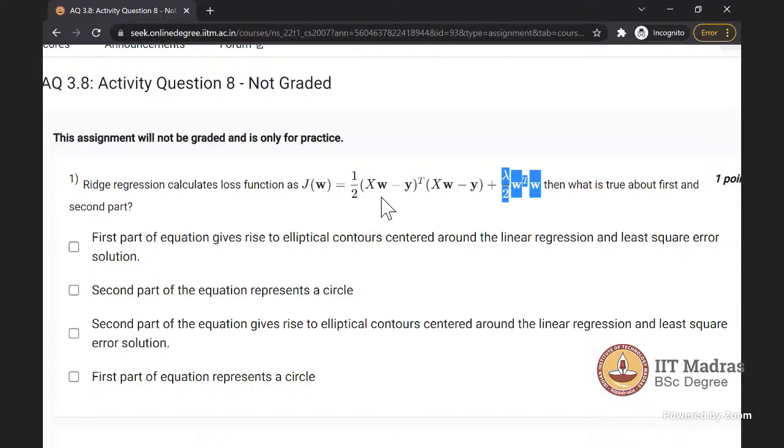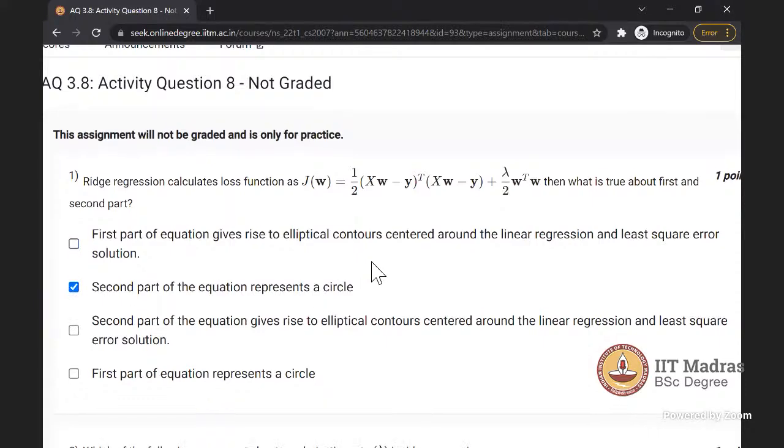So you're asking what is the ellipse and what is the circle? I'm guessing the first one is the ellipse. Yes, that is right. That will create elliptical contours. Circle as per lecture. Yeah, the second option is the circle. Yes, absolutely. So these two options should be right.